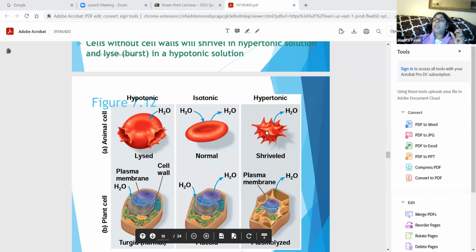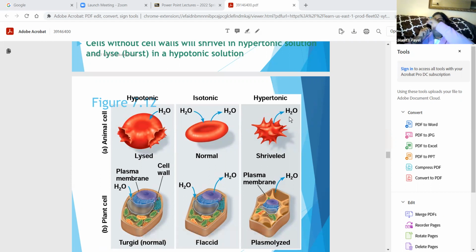Therefore, water is more inside the cell. So water has to leave the cell. So this is my cell now. Water is leaving the cell. What is happening to my cell? It's shrinking or shriveling. So when the concentration of solute outside the cell is more than inside, water leaves the cell, causing it to shrink or shrivel.